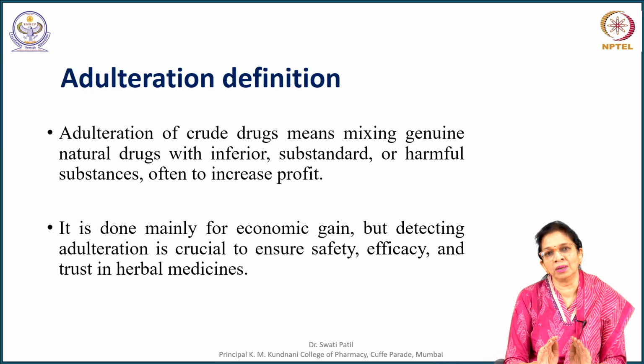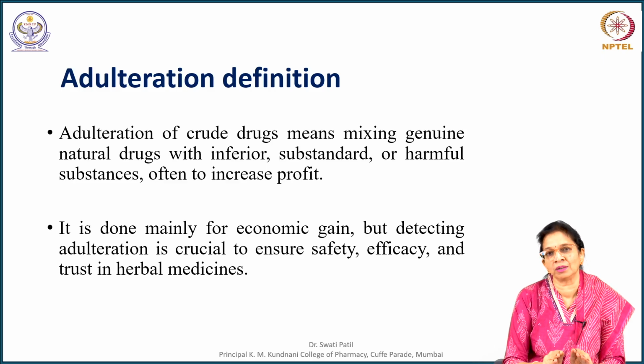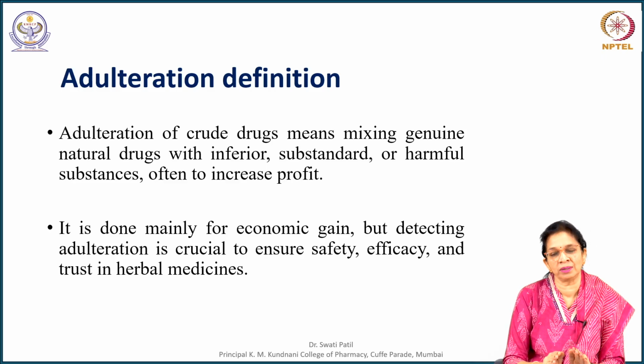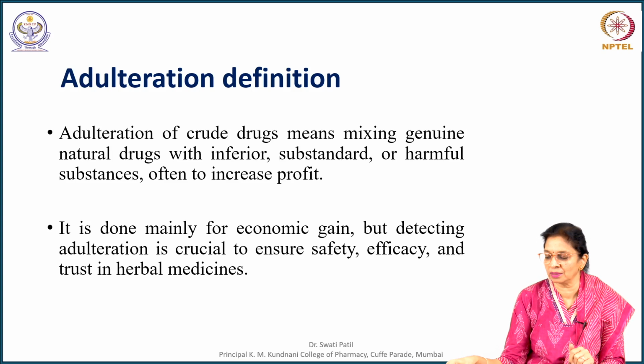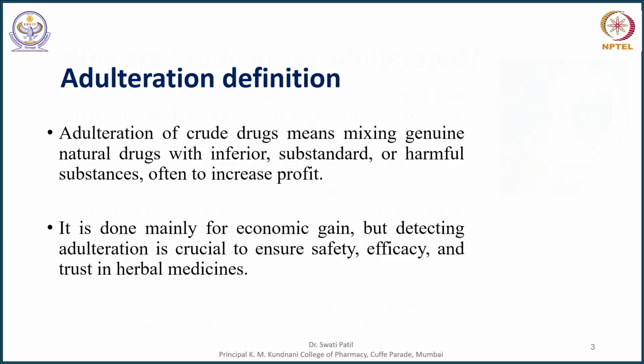Since the herbal medicines or herbal market is a little loosely regulated as compared to the other synthetic drugs, it is very important that we detect the adulteration, and detection of adulteration and the absence of harmful adulteration is strictly governed by pharmacovigilance, and it is very important that we detect this adulteration before putting the formulation or the herb in the market.